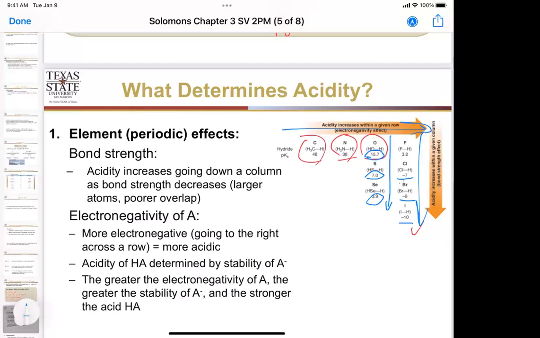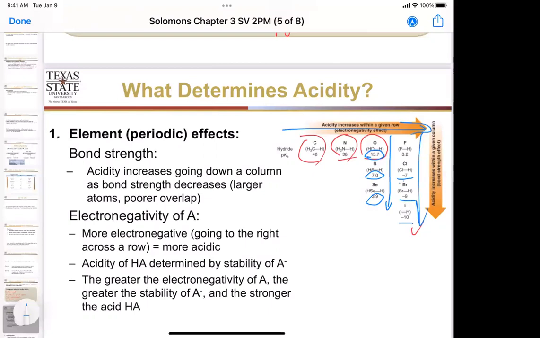If we're dropping from one row to the next, now it's not electronegativity, it's size. Size dominates as you get bigger. And the bigger it is, the more acidic it is. Okay? So those are the 2 trends we have here. It's similar to electronegativity, but different. So make sure you compare those 2.